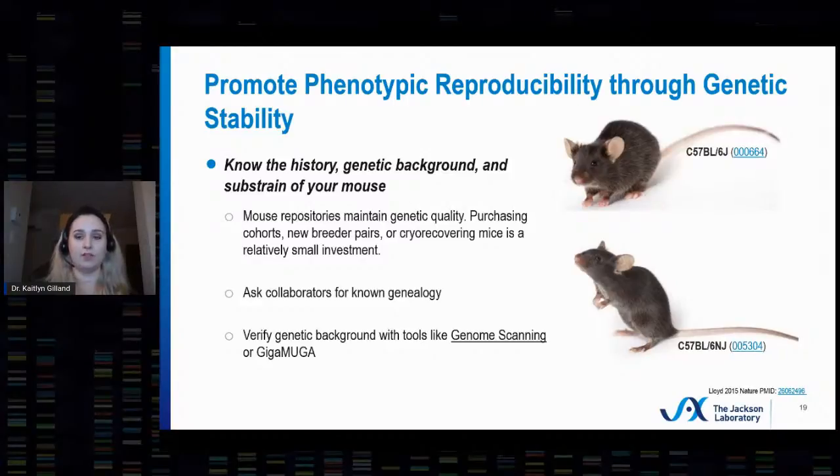It can be very challenging to maintain similar genetics when you're breeding yourself. Also, if you obtain a strain from a collaborator, you should get as much information as possible from them to verify the genetic background.